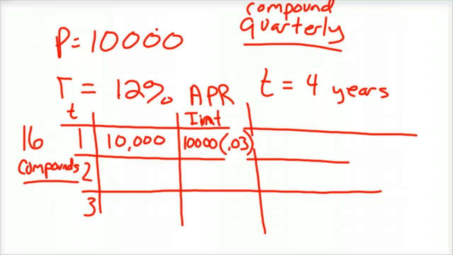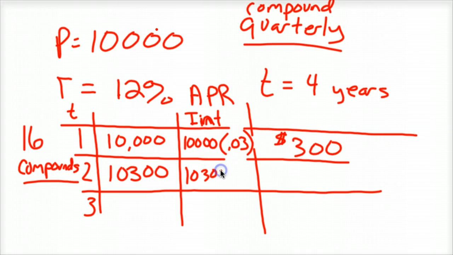So like this, 10,000 times 0.03 looks like $300. So that's the first quarter. But here's what's nice, is now you've got, for the second quarter, 10,300. And so you take 10,300 times 0.03. So we're kind of earning our interest earlier, because now you're going to take 300 times 0.03 before the year's even out. And so now this is even going to be more.